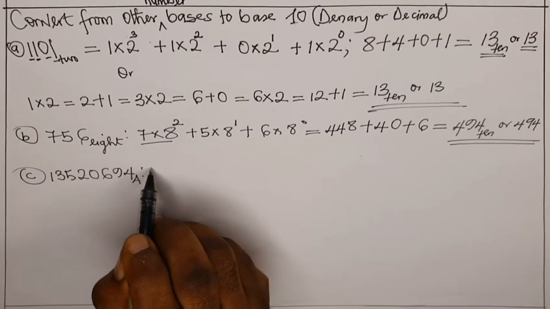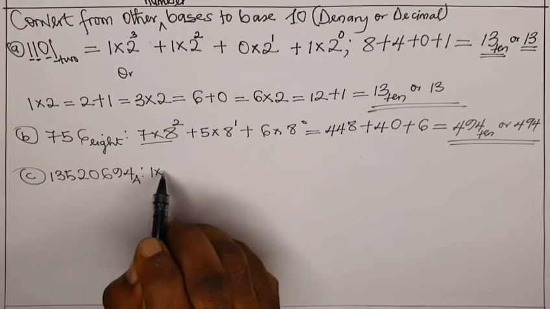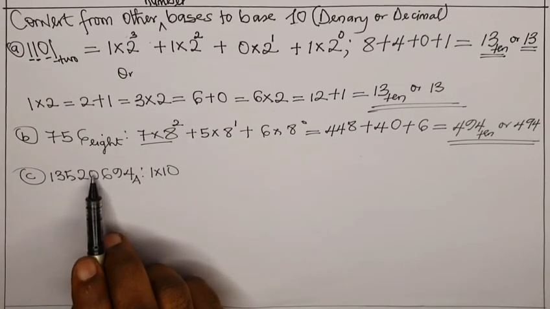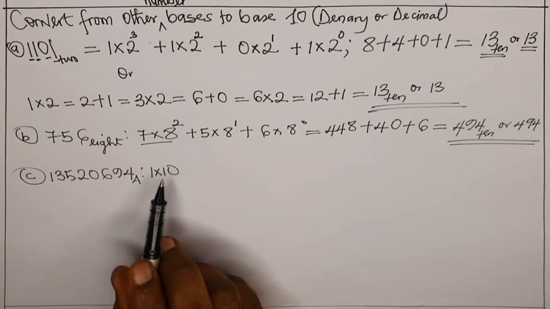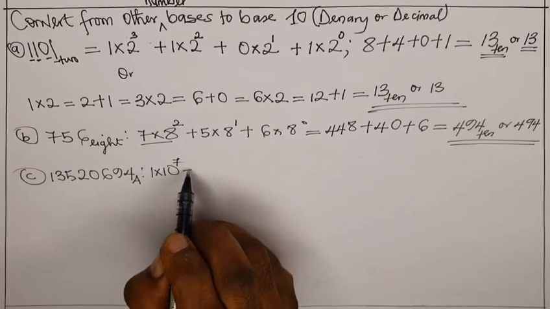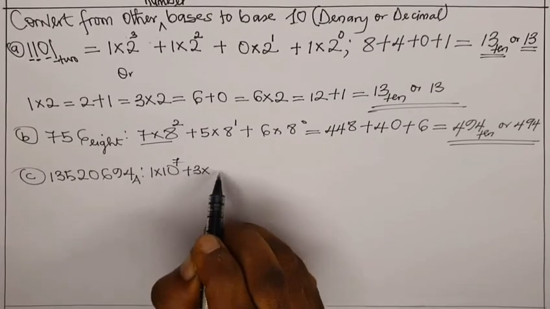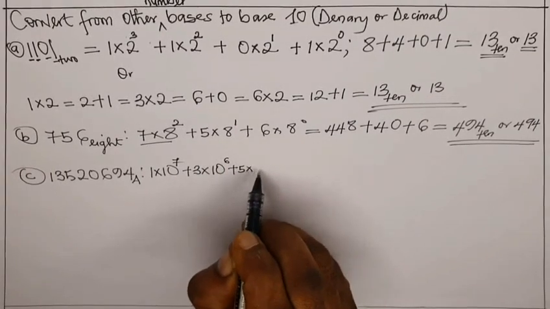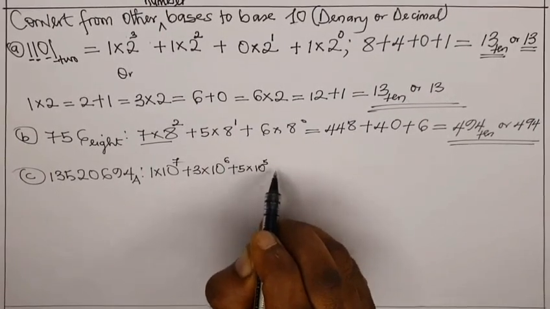So we go like this. First, count how many digits you have: 1, 2, 3, 4, 5, 6, 7, 8. So the highest power you're going to have here is 7. All right. 1 multiplied by 10 to the power of 7. Add 3 multiplied by 10 to the power of 6. Add 5 multiplied by 10 to the power of 5.